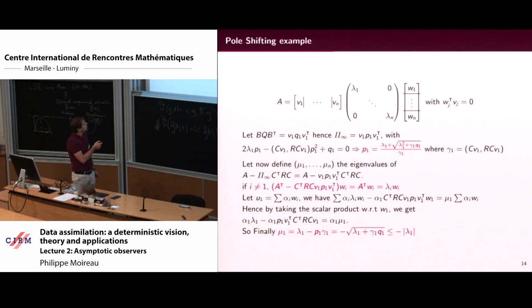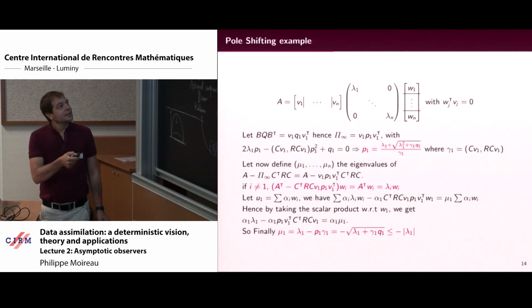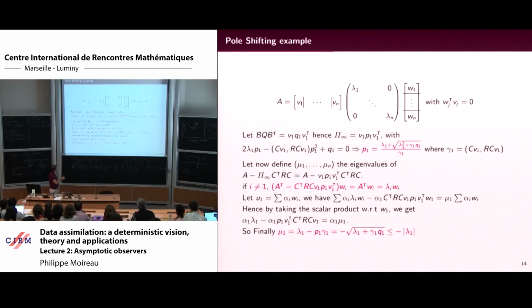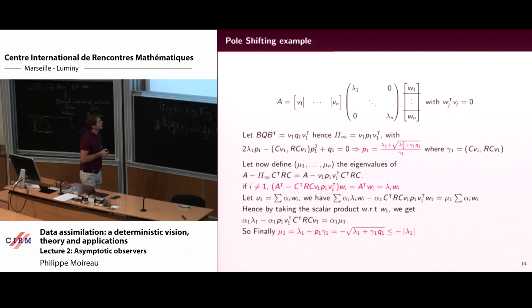If I is different from 1, I prove that the Wi are eigenvectors of this matrix with the same lambda I. So I prove that for every I different than 1, I didn't change the spectrum. But for the last one, you project it over the Wi, and you prove that mu is changed, and you get lambda 1 minus P1 gamma 1.